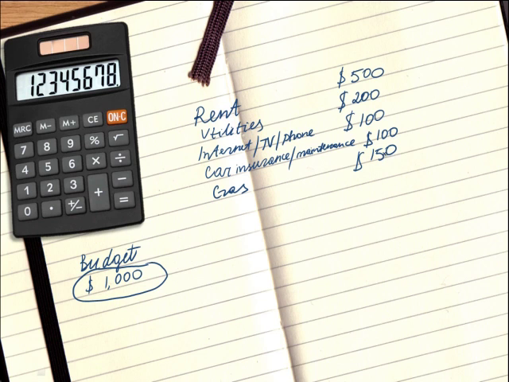Medical insurance, deductibles, co-payments. That's gonna cost you about $300 a month if you're lucky, if you don't have a pre-existing condition.